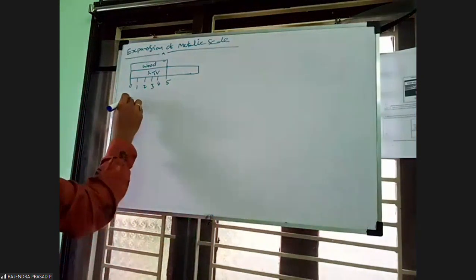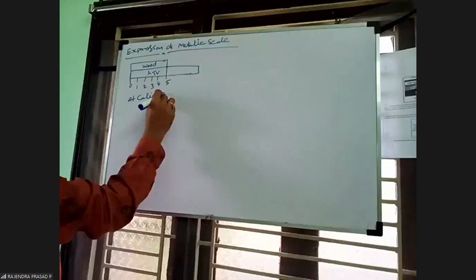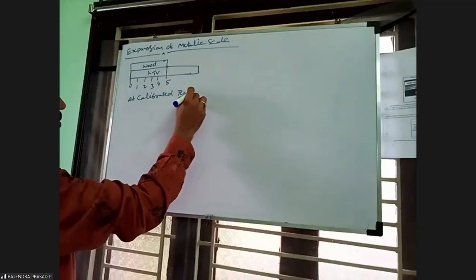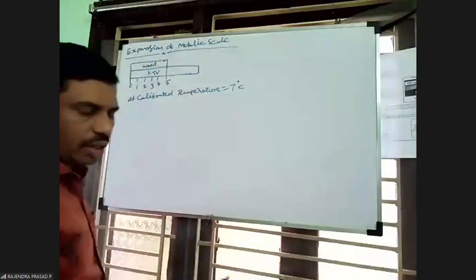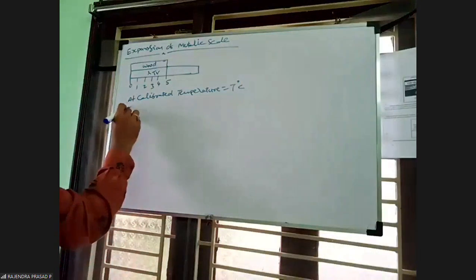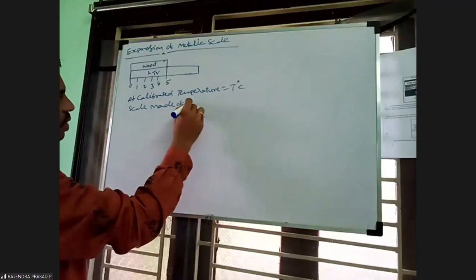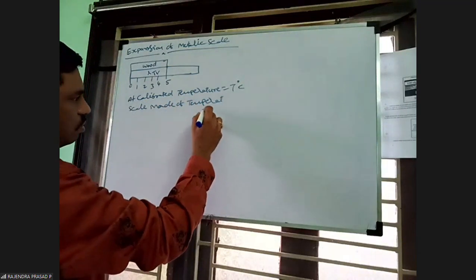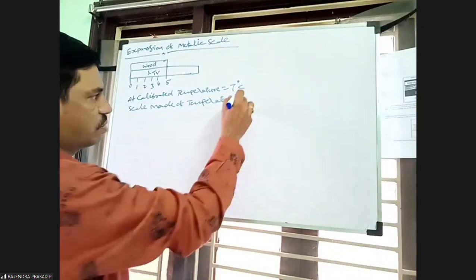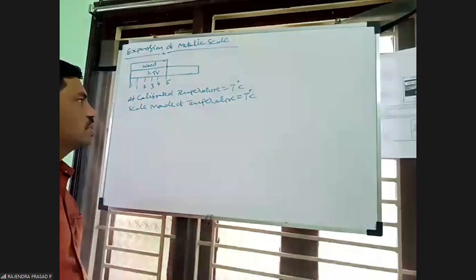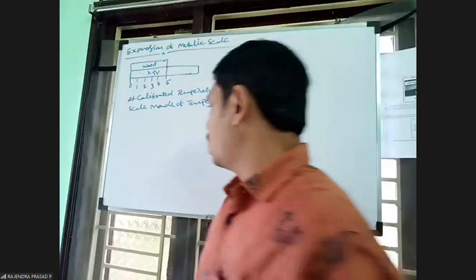So at the calibrated temperature equal to T degrees C. Calibrated temperature means the scale is made at a temperature, T degrees C. So calibrated means the scale is made up at T degrees C. Okay? Scale made at T degrees C.